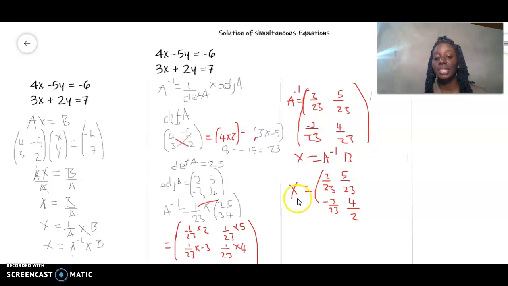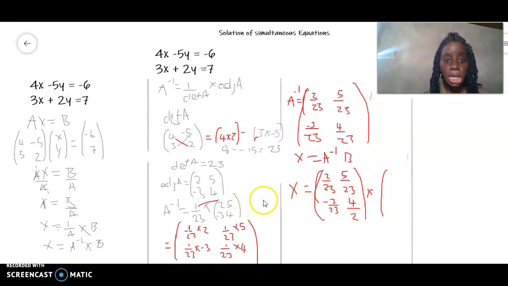So X is equal to A inverse times matrix B, and remember that matrix B is -6 and 7.